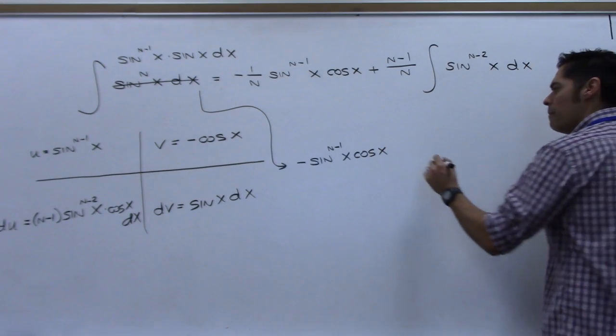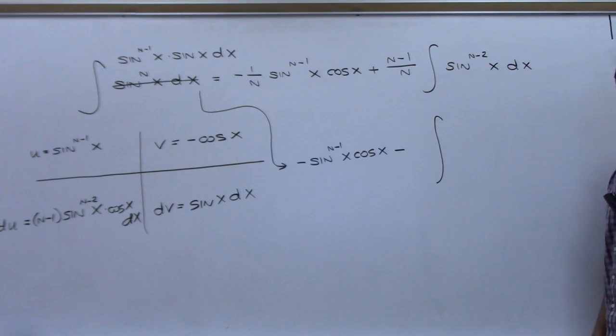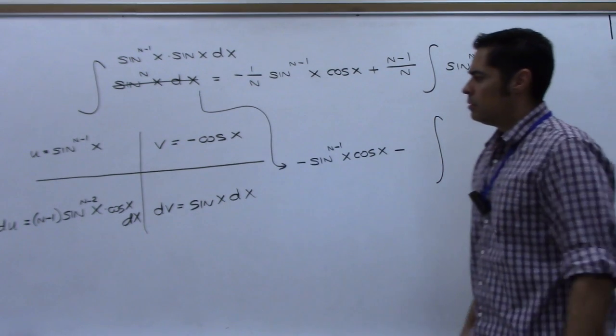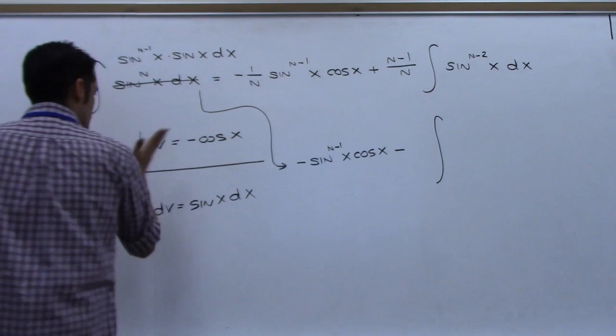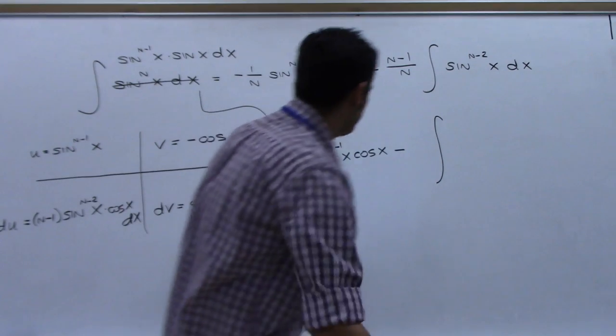Then, according to the formula, minus integral voodoo. So this times this. Are there any constants? Negative 1 and n minus 1. So I can pull out a negative n minus 1, and I'm going to put that in front of the integral.